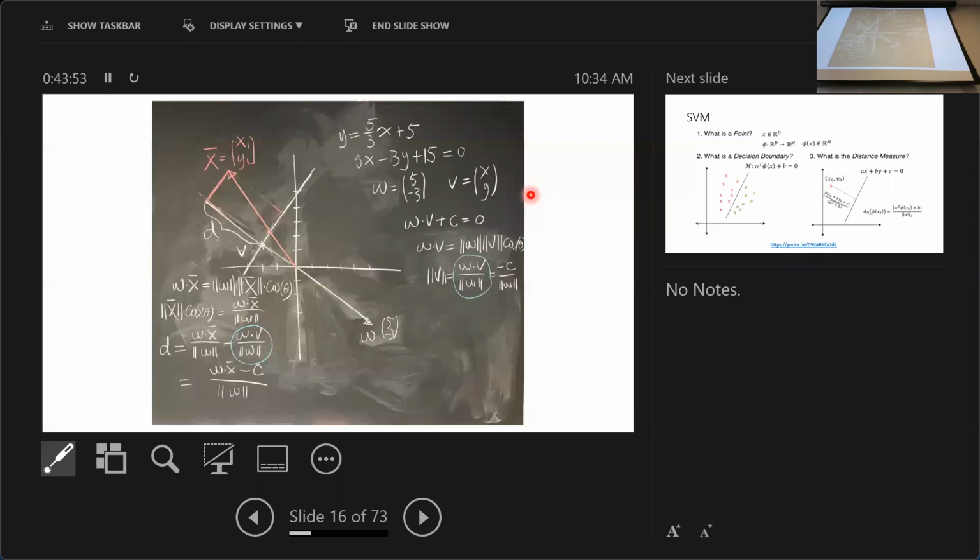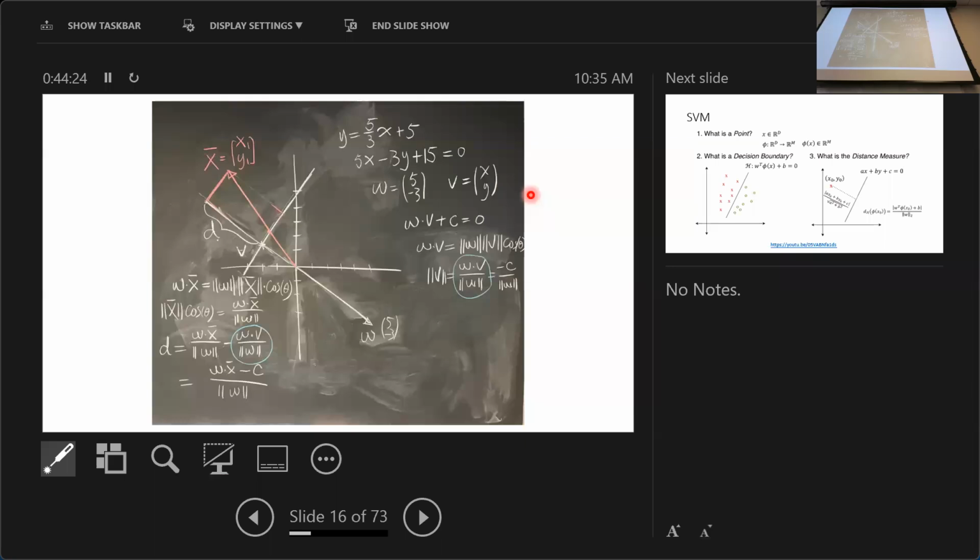Okay, so I replace cosine theta, where theta is 180 degrees, with minus 1. Here I replace this with that, and now I replace cosine theta with the negative sign here.